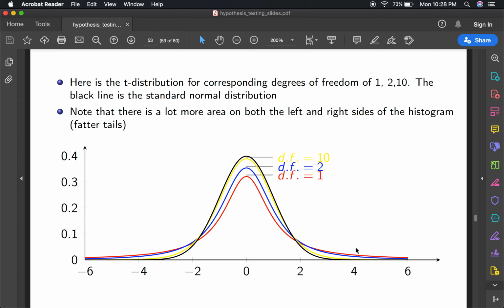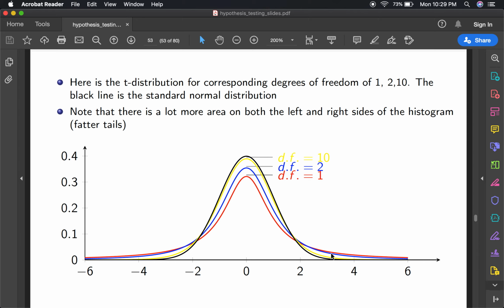And what I want to point out from this graph is that there's still some area underneath the red line for test statistics of 3, 4, 5, and 6. So it is possible to get large test statistics in either direction.